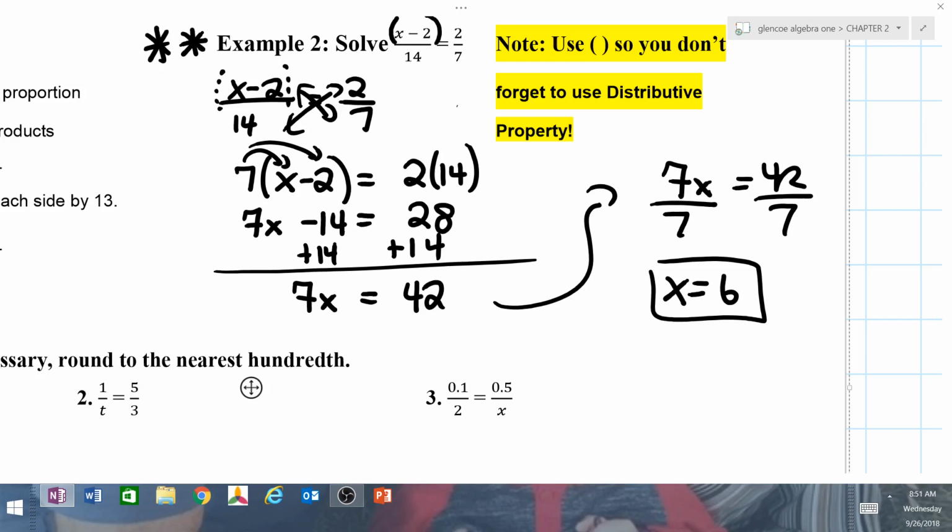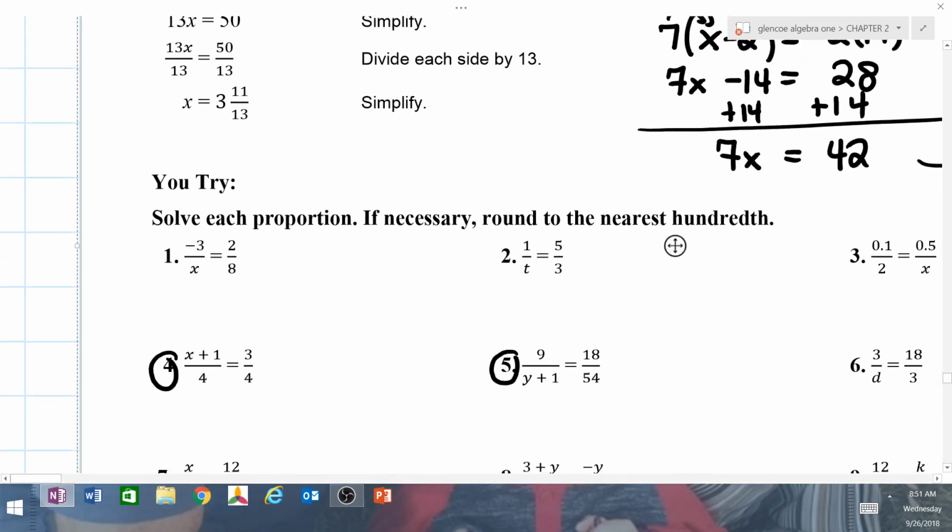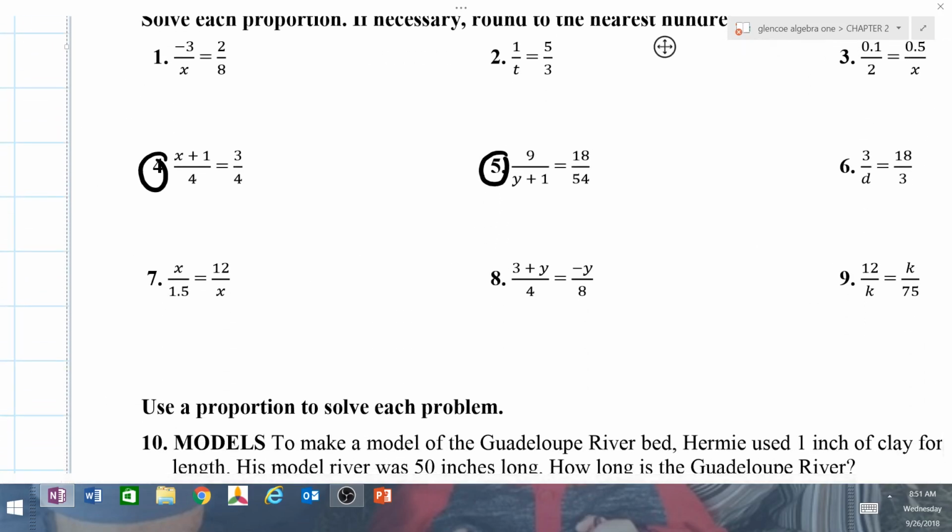Are you good? Yes. Okay, so we're all trying 4 and 5, and I'm going to freeze the screen and I'm going to work it while you're working it. Don't forget your parentheses.